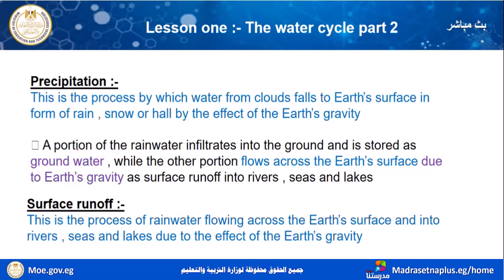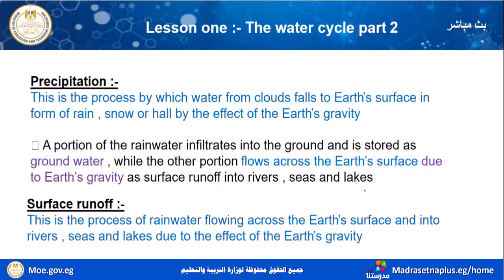So a portion of the rainwater infiltrates into the ground and is stored as groundwater, while the other portion flows across the earth's surface due to the earth's gravity as surface runoff into rivers, seas, and lakes.